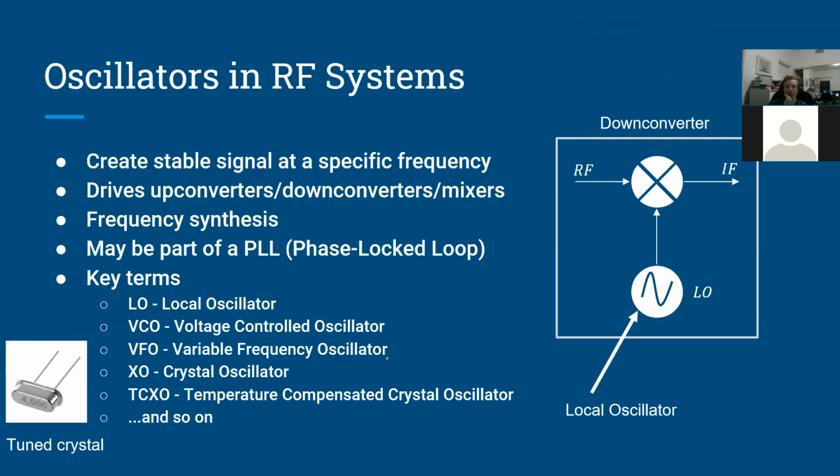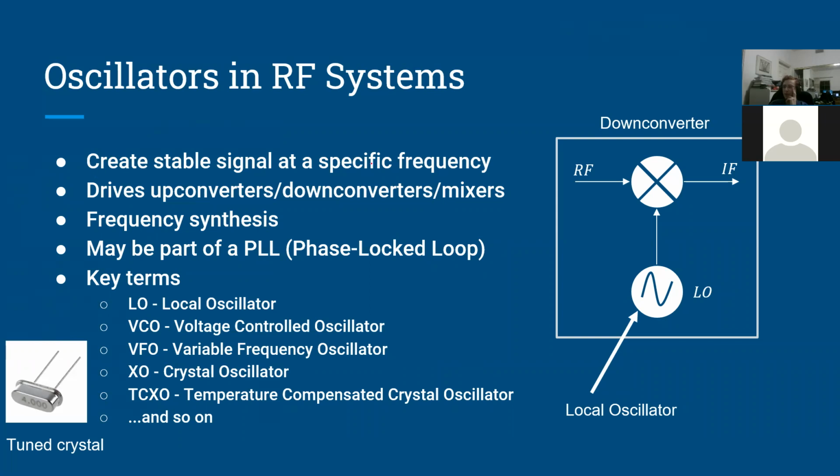So now we get to oscillators, the fun stuff. We'll be using that common collector amplifier as part of an oscillator, so don't forget about the material I just talked about. How do we use oscillators in RF systems?